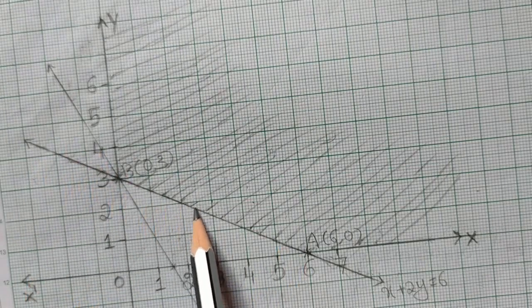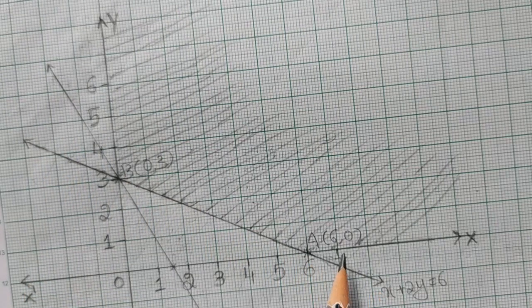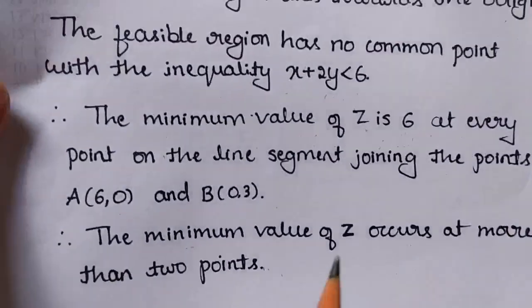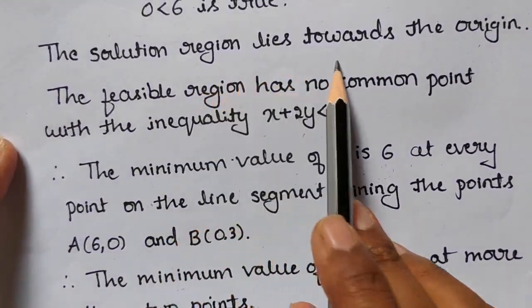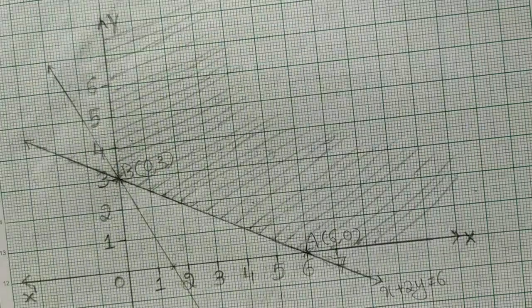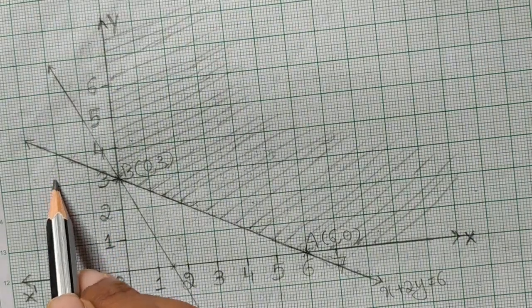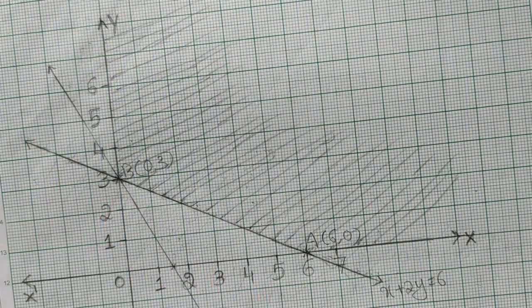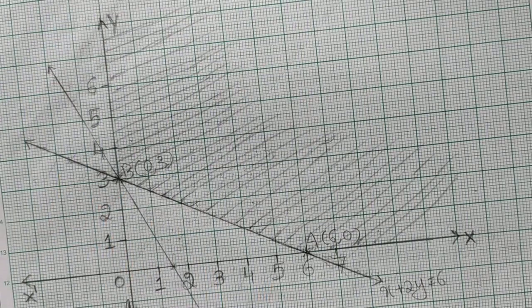This dotted line coincides with the solid line, so the dotted line will not be visible. Also, the solution region of the inequality lies towards the origin, so it lies below the line. No need to shade this solution region.